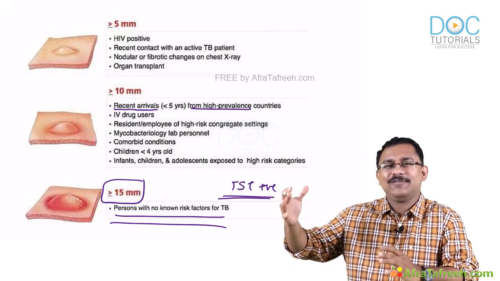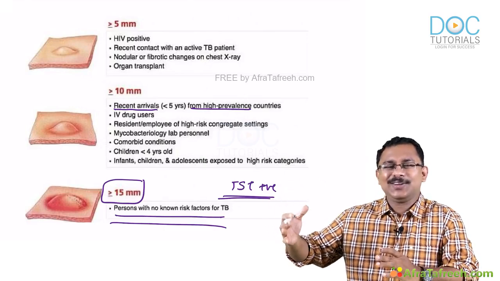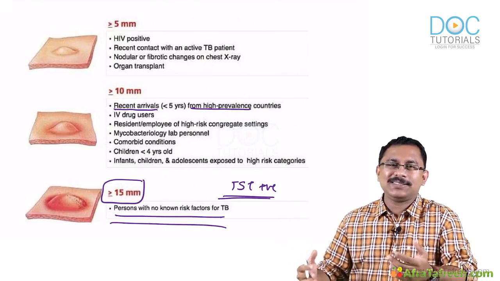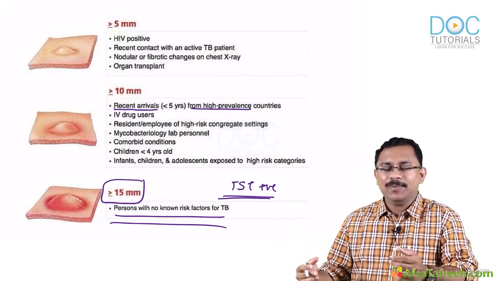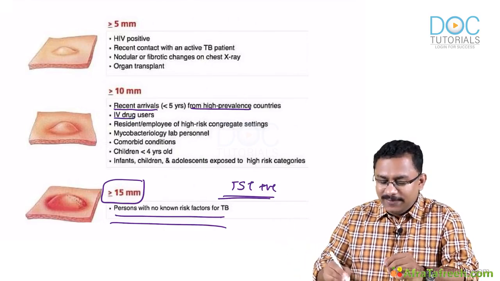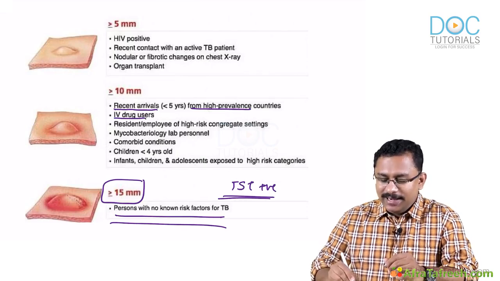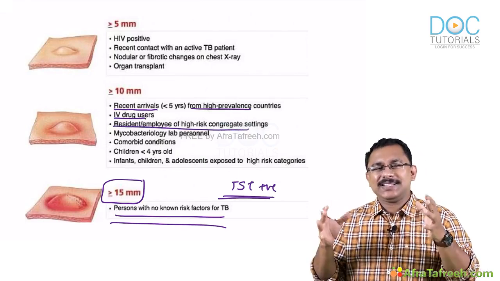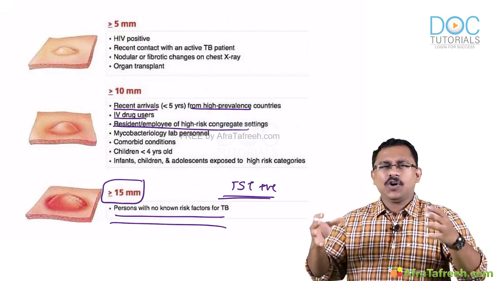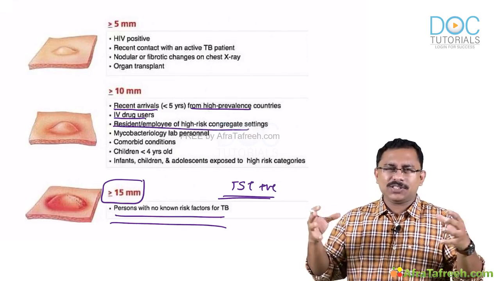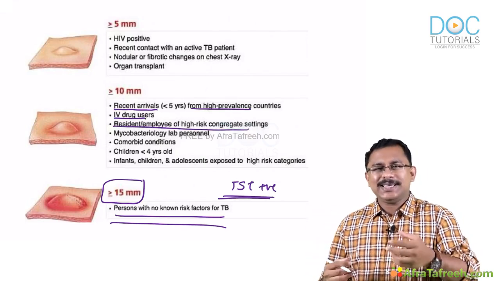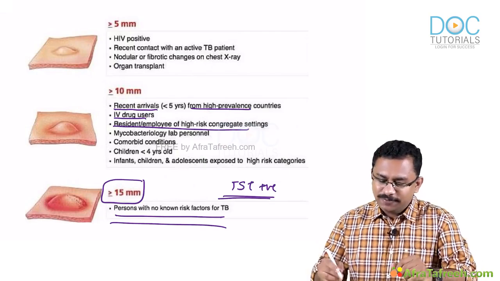So if you are coming from a region like India, where it is a high prevalence country, above 10 millimeter is positive. IV drug abusers, and if that particular individual is residing in some colonies where you have lots of crowding, in such a scenario also above 10 is positive.